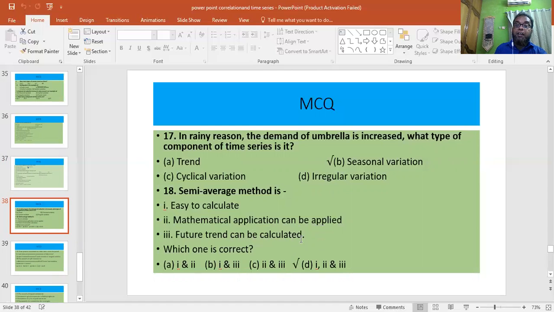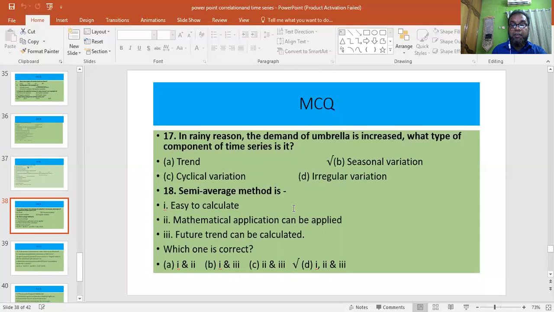In semi-average method, say 5 years is given like 2010, 2011, 2012, 2013, 2014. And if I want to get the house rent of 2000, then I can get it from semi-average method. We can extend the trend line upward.